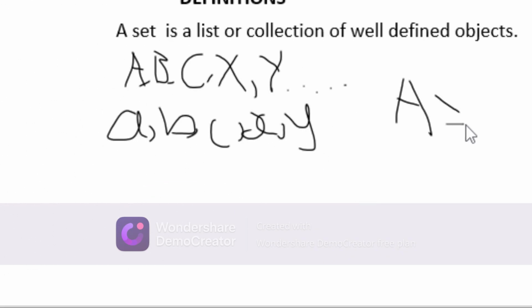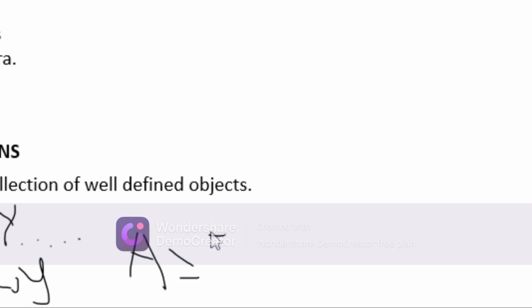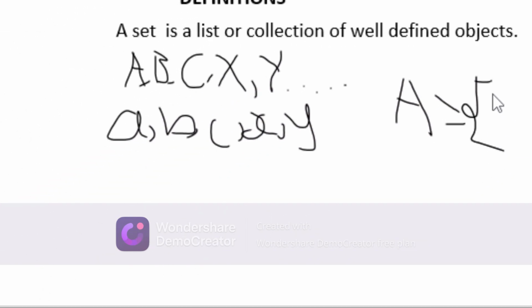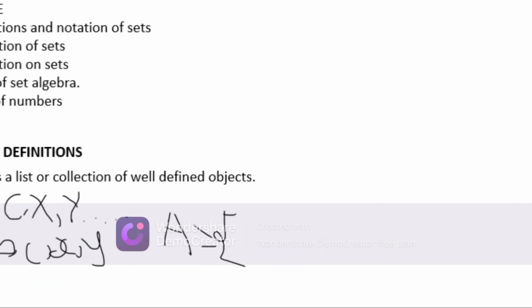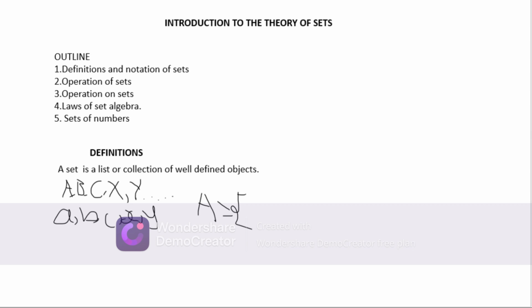For example, you can say set A contains these elements. We can use numbers, but I just want to clarify the point.